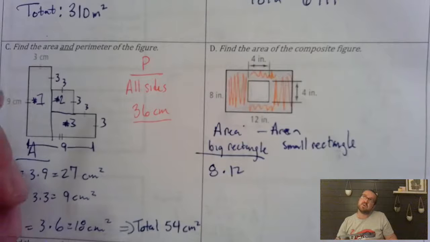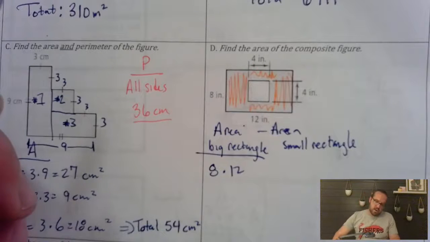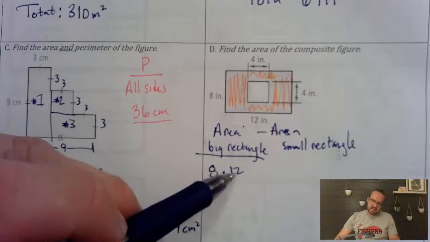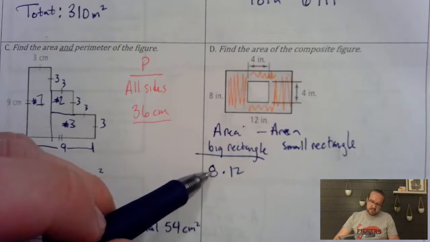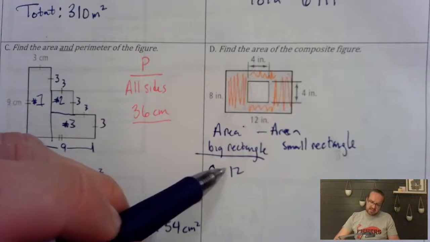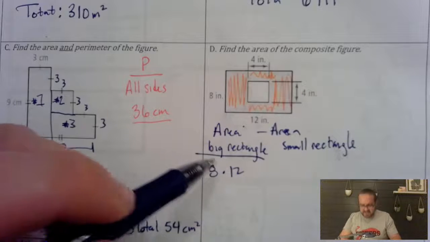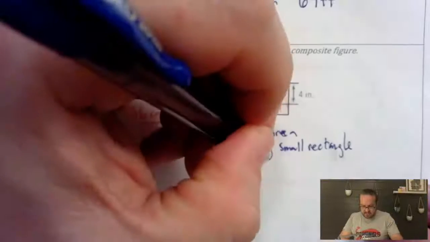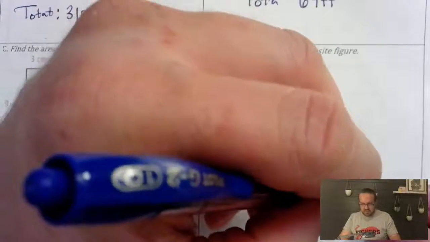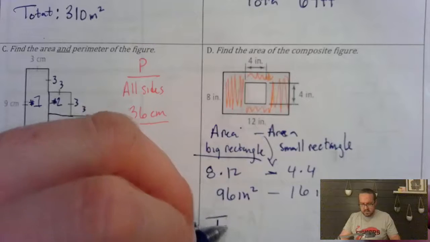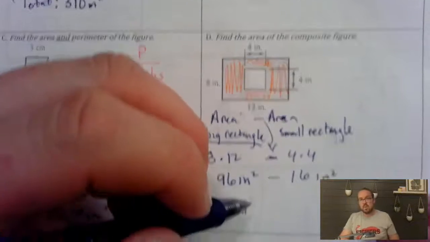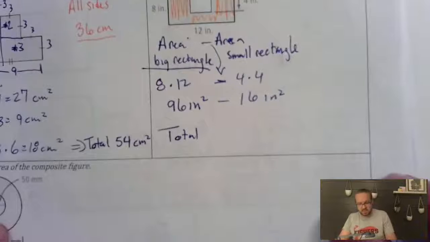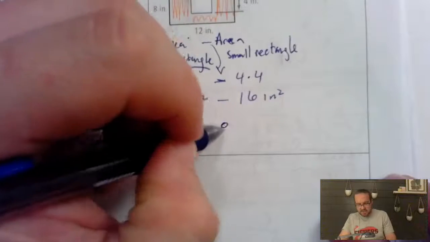So 8 times 10 is 80, and then I would have to add 8 times 2 to that, so 80 plus 16 is 96 inches squared. And again, we said that we're going to subtract the smaller one. The smaller one, pretty straightforward, just 4 times 4. We'd have to subtract 16 inches squared. So for my total area, just subtracting there, it would be 80 inches squared.